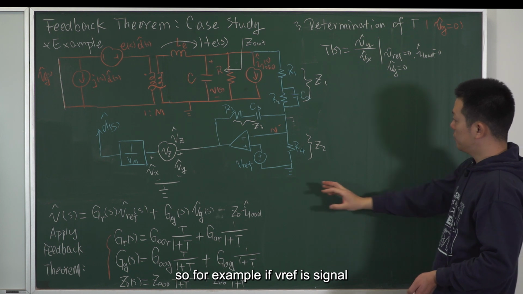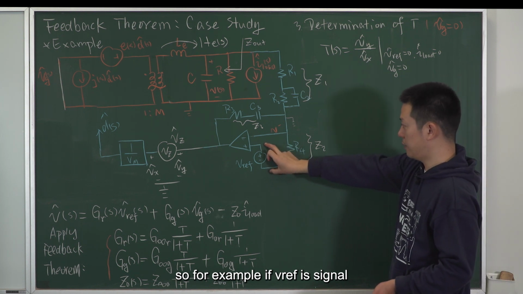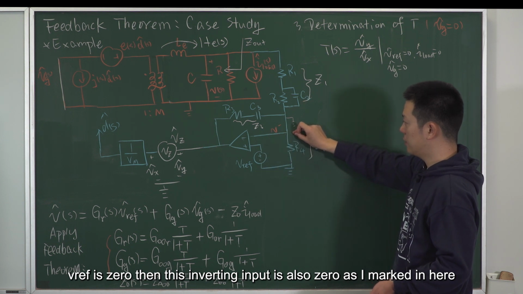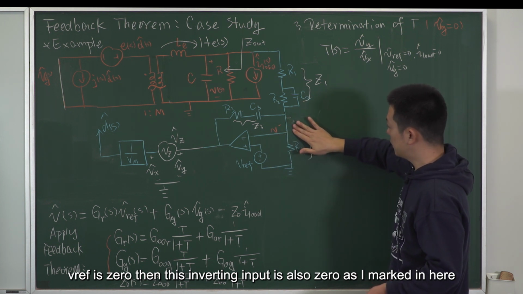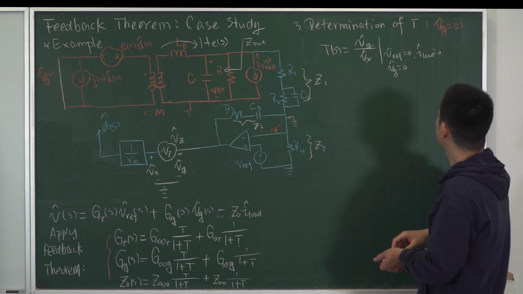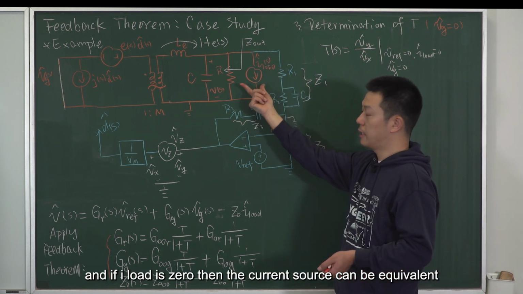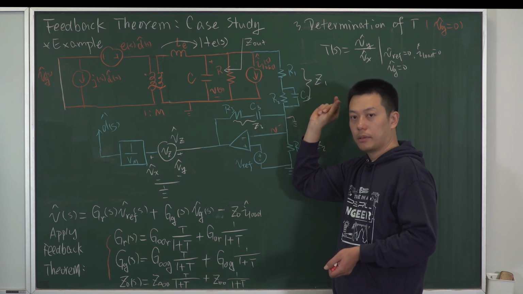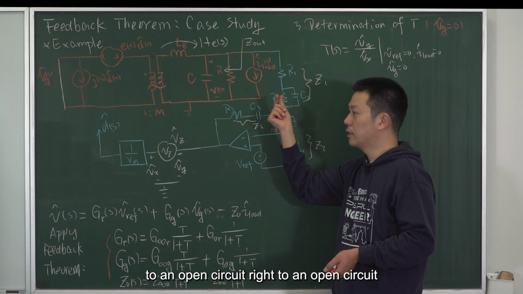So, for example, if Vref small signal is 0, then this inverting input is also 0, as I marked here. And if I load is 0, then the current source can be equivalent to an open circuit, right? To an open circuit.